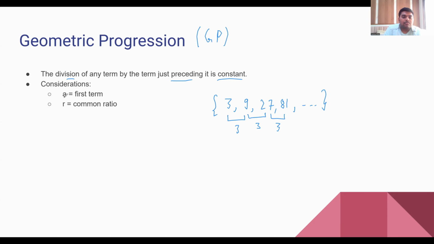Now we will do the following considerations. A is equal to the first term and R is the common ratio. So the first term is equal to A and R is the common ratio, which is 3. And A is also 3 here. Now there are two formulae in this case.